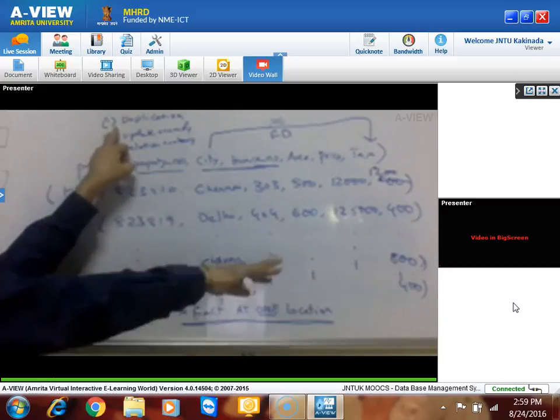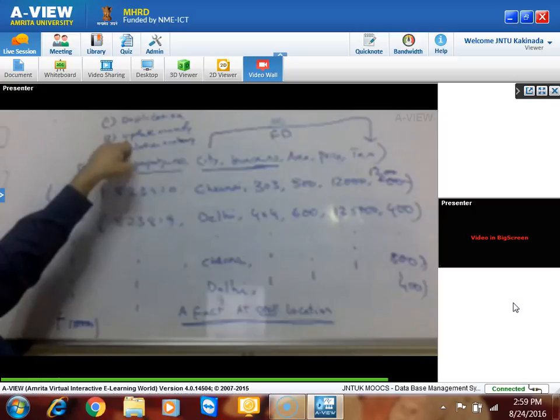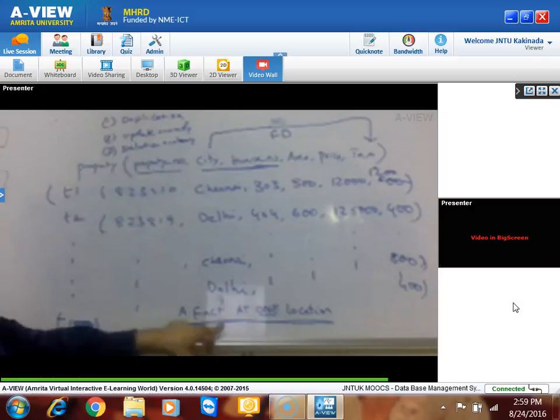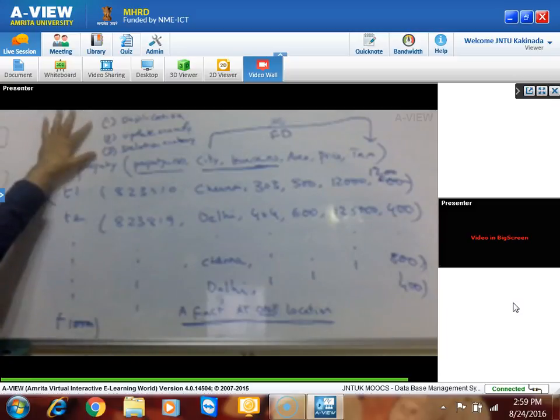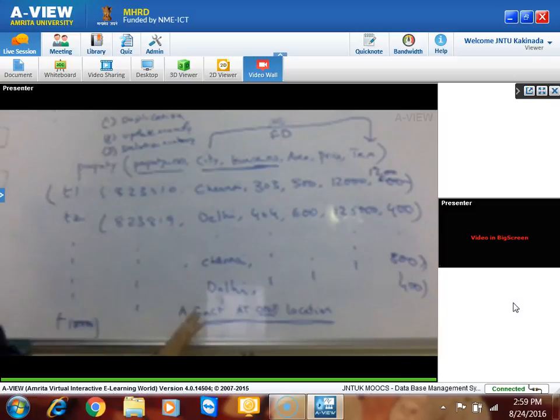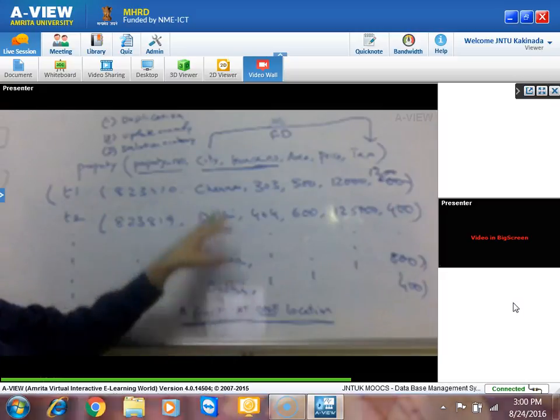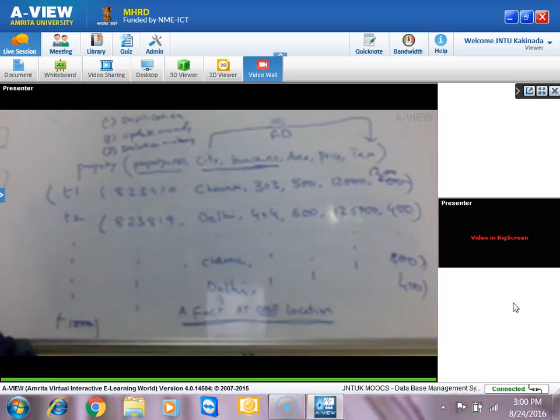Update anomaly will be avoided because you just change it in one place. And deletion anomaly will be handled because you know that if you delete this, you will lose the fact, so it will not get deleted unless it is going out of use. All three will be handled if you ensure that in your database a fact is stored at only one location and not multiple locations.